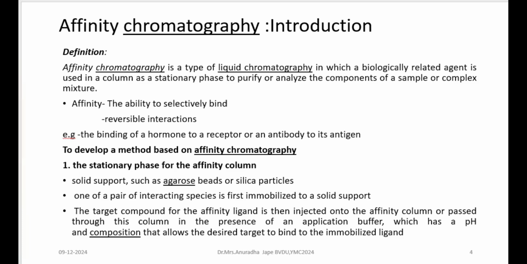So one of the interacting species is first immobilized to the solid support. What is immobilized on the column is the ligand, and the target is your study protein. Then it is allowed to pass down the column in the presence of a specific mobile phase, and selective binding of the analyte onto the ligand occurs.